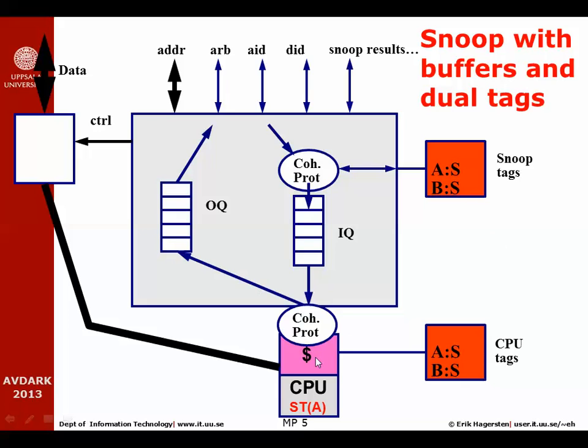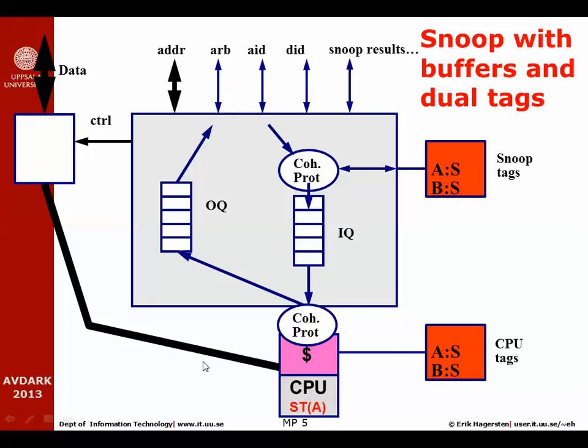So the coherence protocol will examine what kind of transaction the CPU wants to do. The CPU wants to perform a memory instruction, a store to the cache line A, and we have the cache line A in state shared.